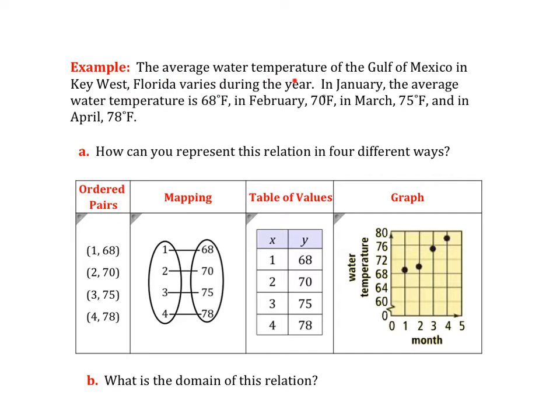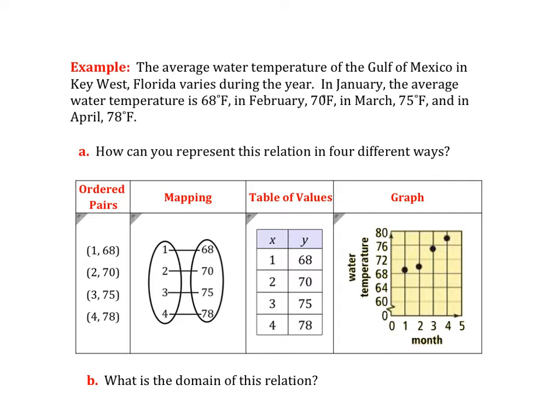Here we have the average water temp in the Gulf of Mexico in Key West, Florida, which varies during the year. In January, the average water temp is 68. That would be awesome. 68 degrees in January, dang. February, 70 degrees, March, 75, and in April, it is 78. Let's represent this in 4 different ways.